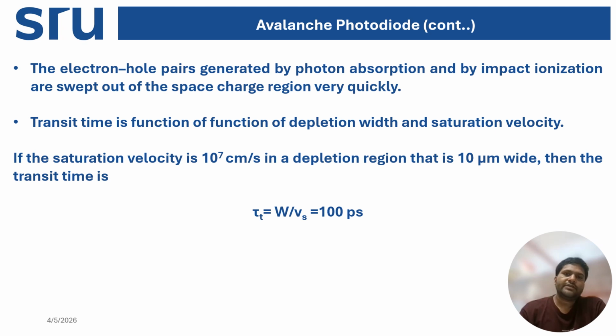The multiplication gain is the total current upon the primary current, that is the multiplication factor. Typically the value is 10 to hundreds. So how does the avalanche photodiode generate output current? It produces larger output currents.